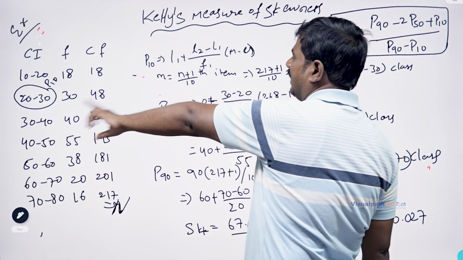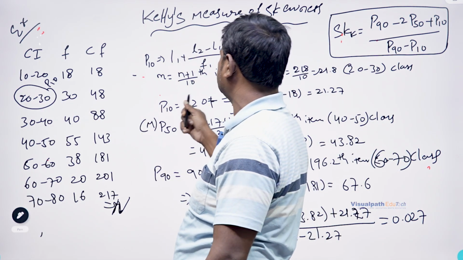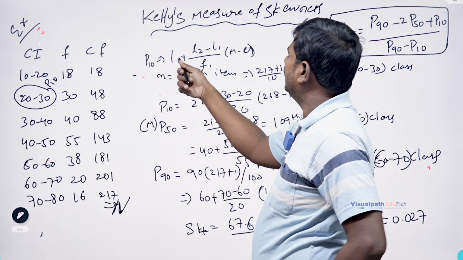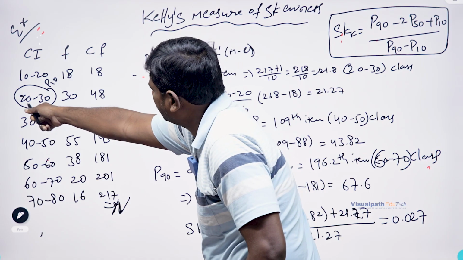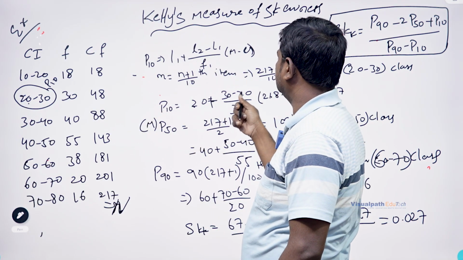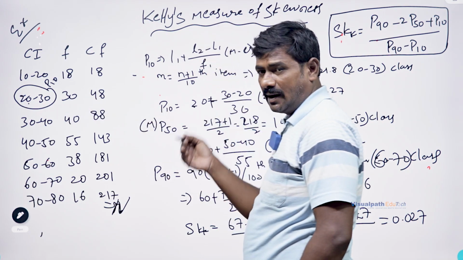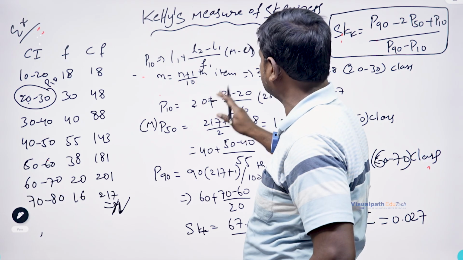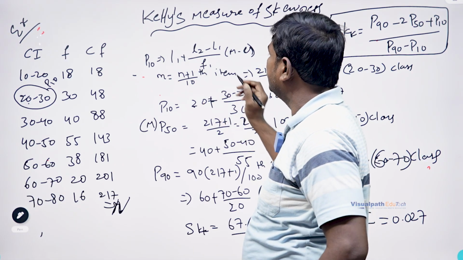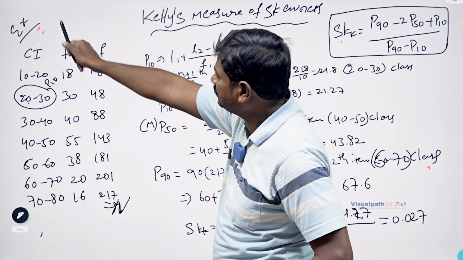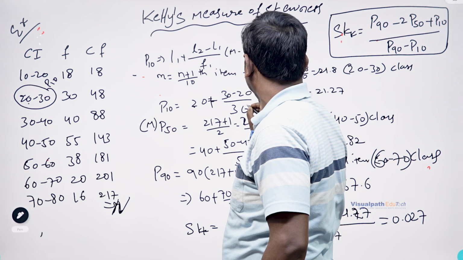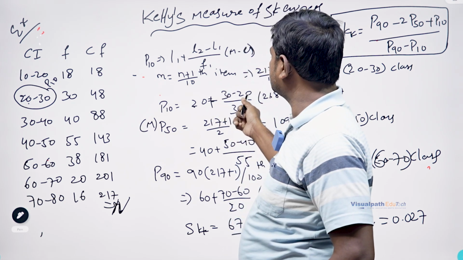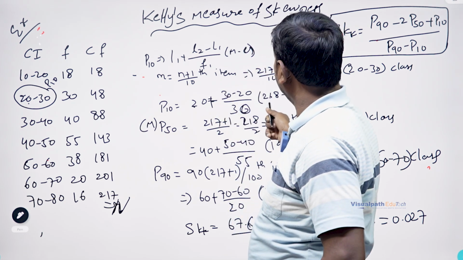So we consider this class for this purpose. P10 is equal to L1, the lower limit, 20, plus (30 minus 20), the upper limit minus the lower limit of the class interval, by the frequency of the corresponding class, that is 30, into (M minus C).